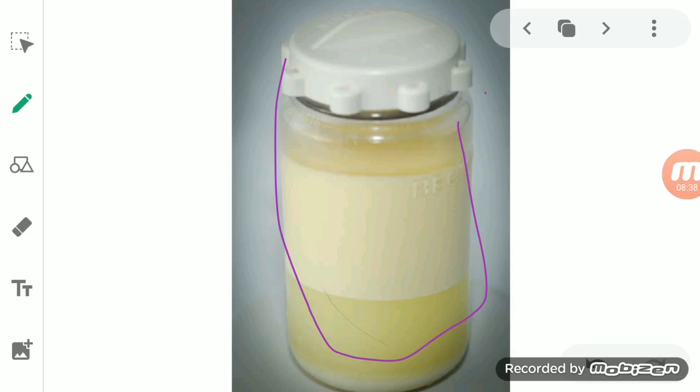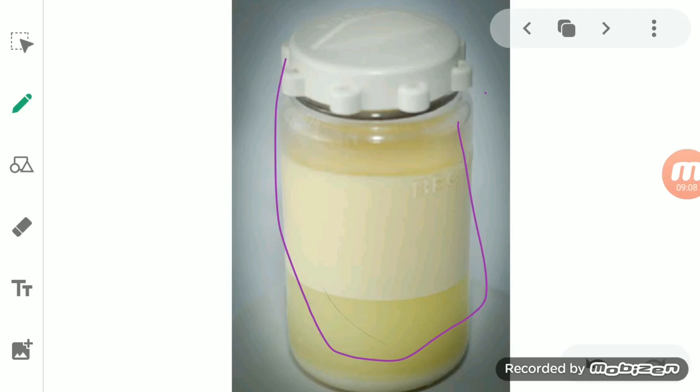Then, when the centrifuge machine is switched on, the milk kept in the closed container starts rotating, and as it rotates at a very high speed, the suspended cream will coagulate.